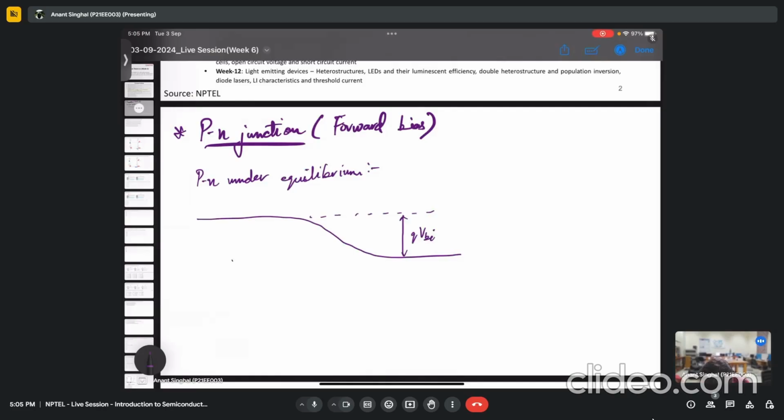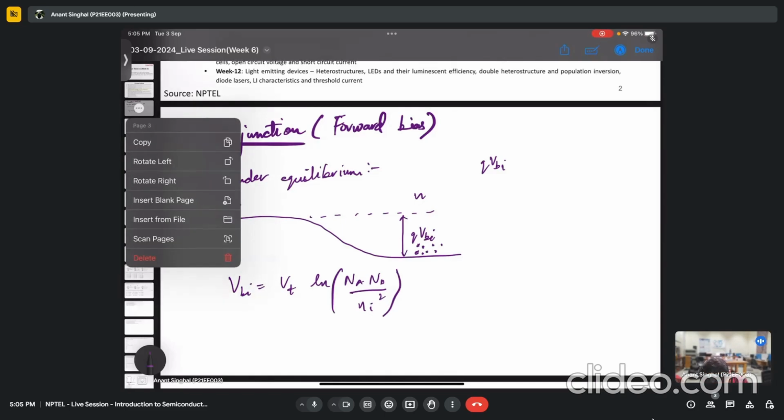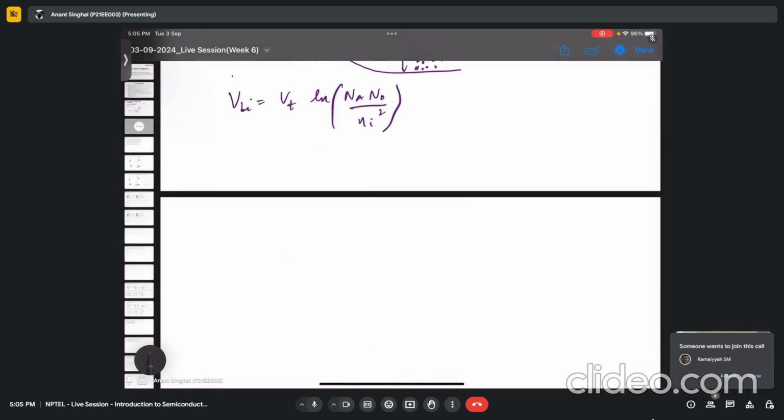We have electrons at the n side, and the equilibrium between the p and n side is maintained using this built-in potential, which we gave by the relation VT ln(NA ND / ni squared). So this is the equilibrium condition. What I can write in a very basic form is that NA ND / ni squared is nothing but exponential of Vbi over VT.